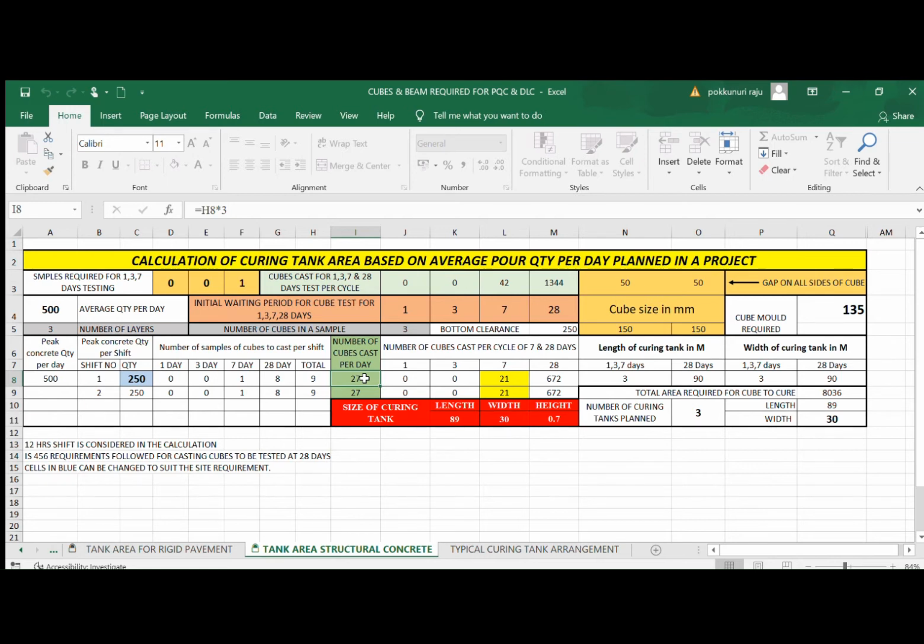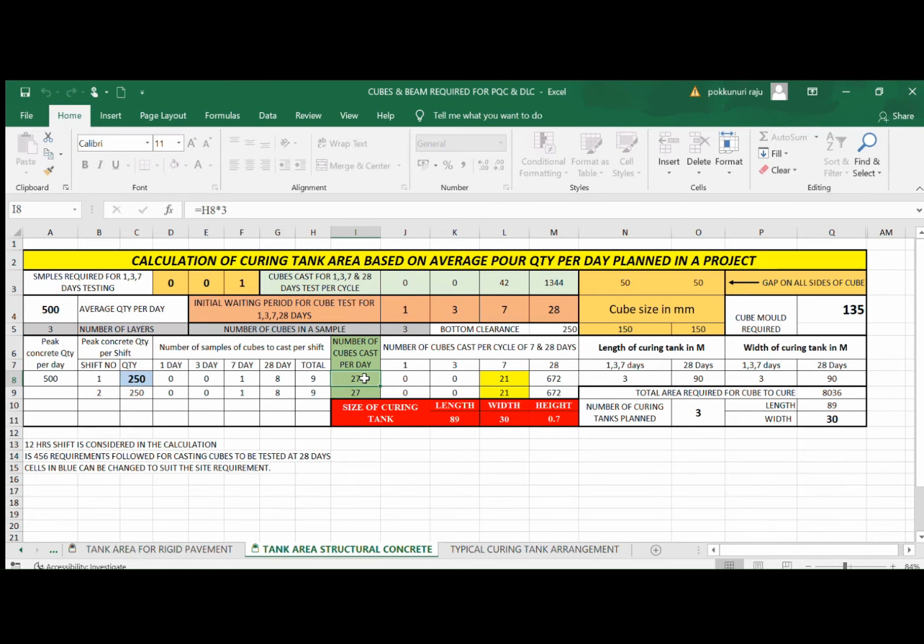So 2.5 times the number of cubes casted in a day will give you approximately the number of cube molds required in the project. Now, keeping the size of the cube as 150 by 150, and a clearance of 50 mm or 20 mm, depending upon the requirement or depending upon the space you can plan. So this is basically occupying a space of 150 plus the clearance on all sides.